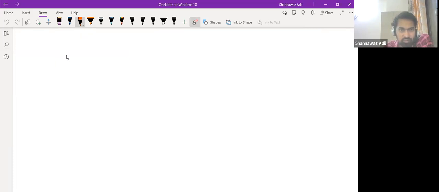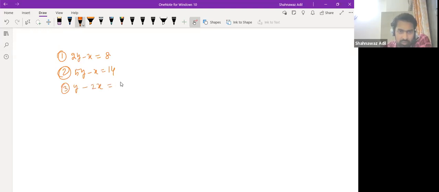First equation is 2y minus x equal to 8, and 5y minus x equal to 14, and y minus 2x equal to 1. We have to determine graphically the coordinates of the vertices of the triangle.